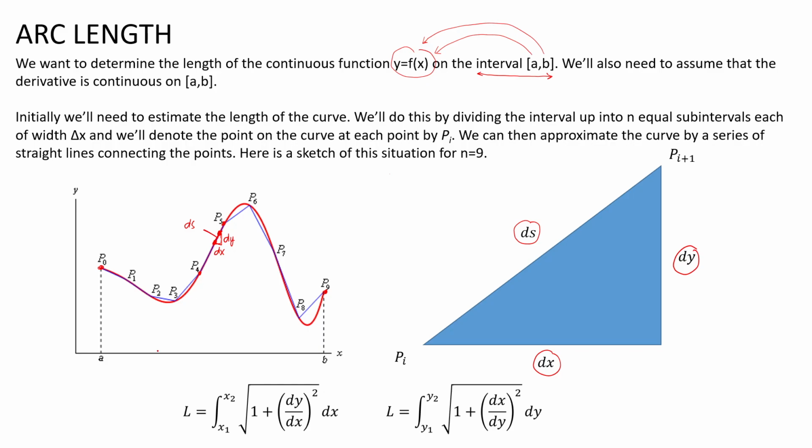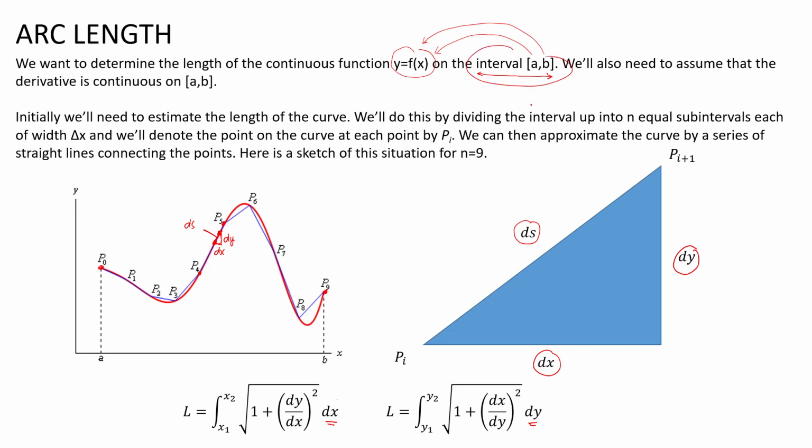As you can see in the formula below, you have two formats. One is in terms of x, an integral with respect to x. The other one is an integral with respect to y. Of course, these dx and dy will be obtained depending on the interval given.